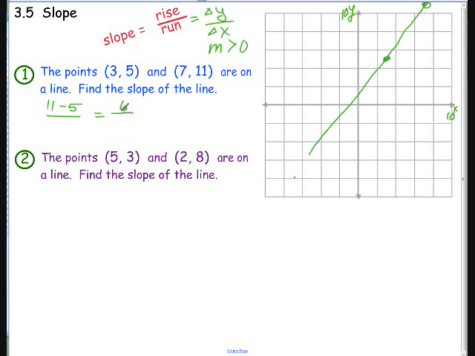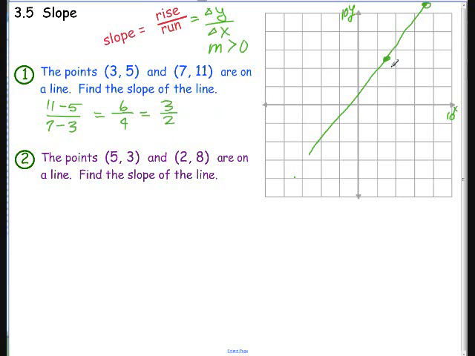That's going to be 6. At the same time as I go from 5 to 11 and I increase 6, I'm going from 3 to 7. So I'm going to say 7 minus 3, and that's going to be 4. This will simplify to 3 over 2.